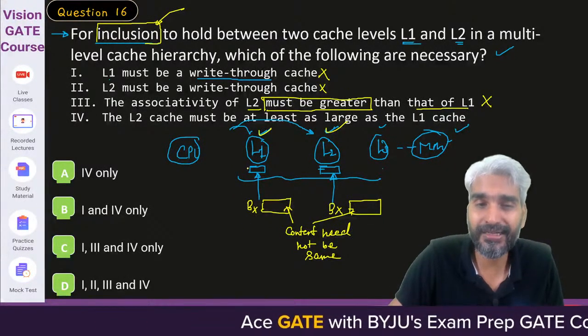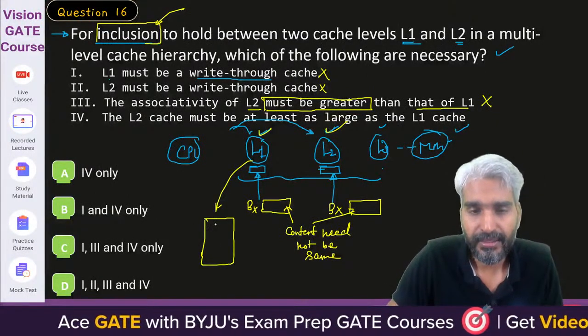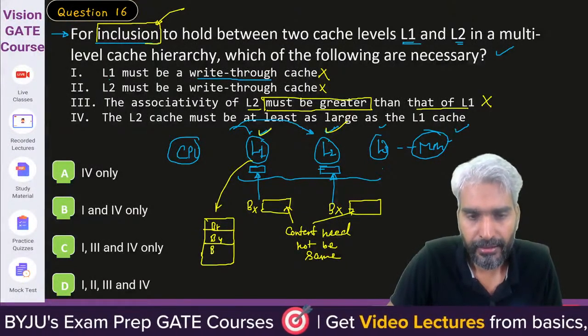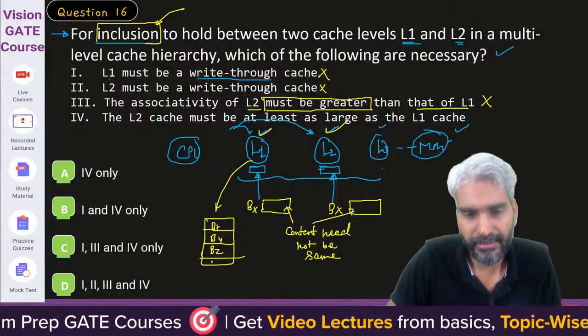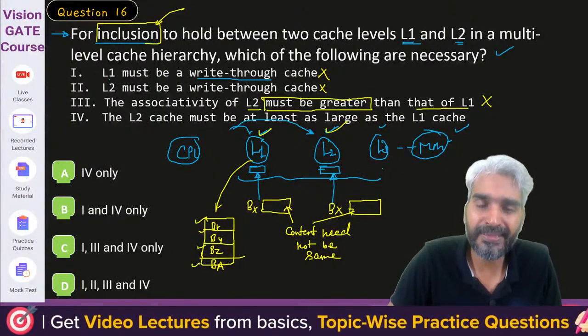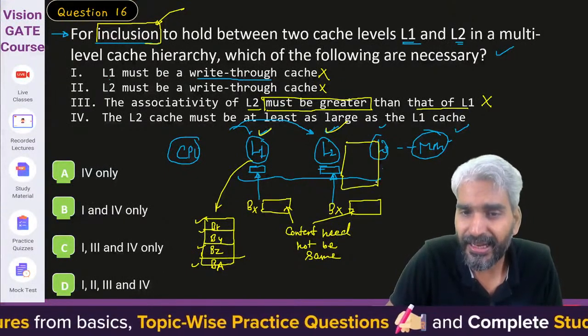But please try to understand that if L1 cache stores 4 blocks, some blocks Bx, By, Bz, and let's assume Ba, if these 4 blocks are present in L1 cache, then these 4 blocks must also be present in L2 cache.